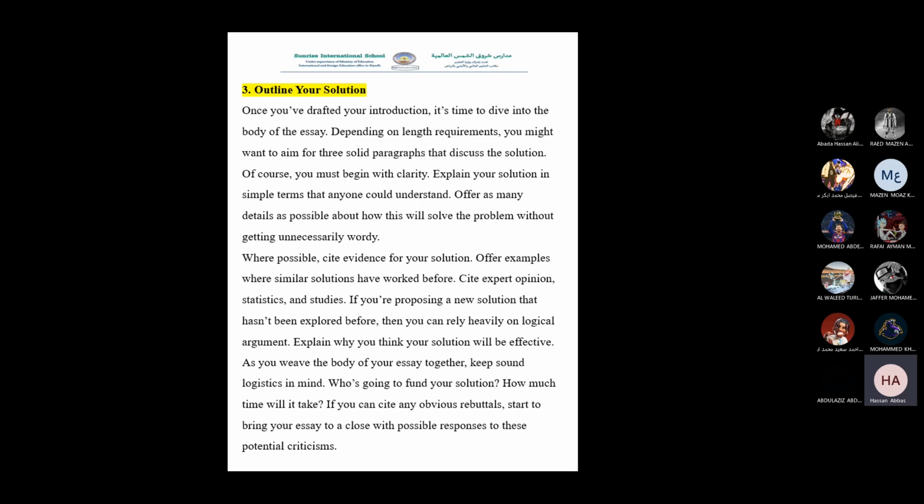So you have to implement the ideas in an easier way to explain your solutions, to explain your essay. Explain your solution in simple terms. Don't use complicated ones.